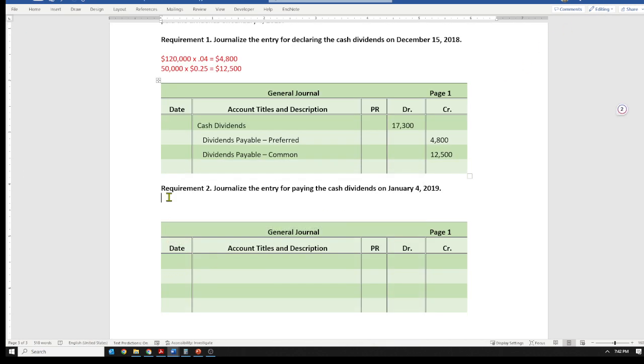Oh, I forgot to put dates on here. This is 2018, December 15th, and it's now January of 2019. So we have to get rid of our payables and just debit them.